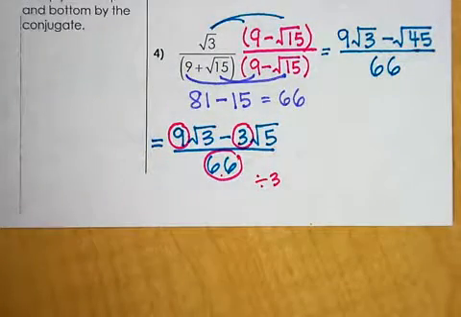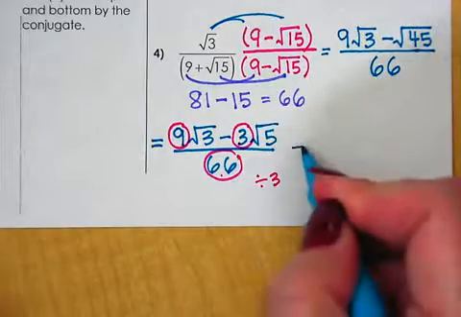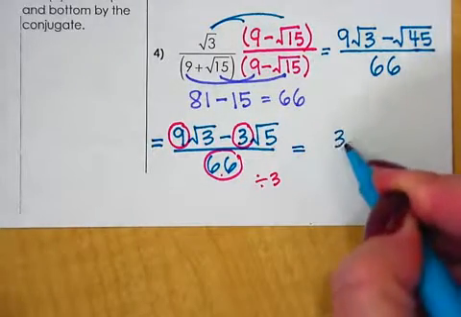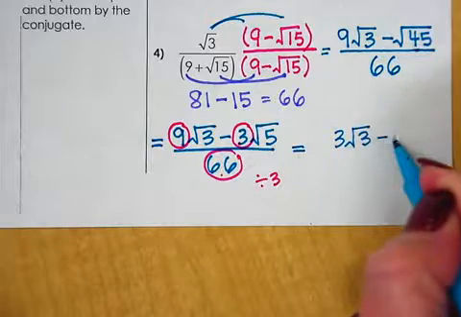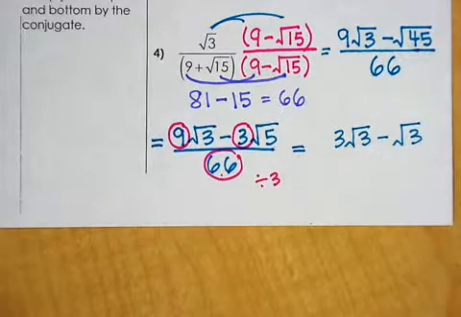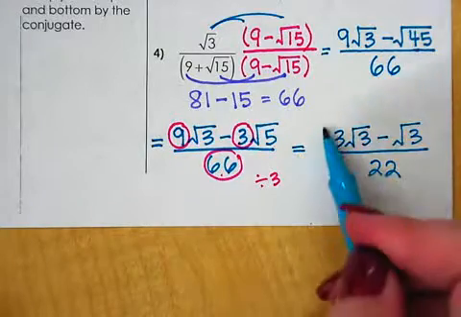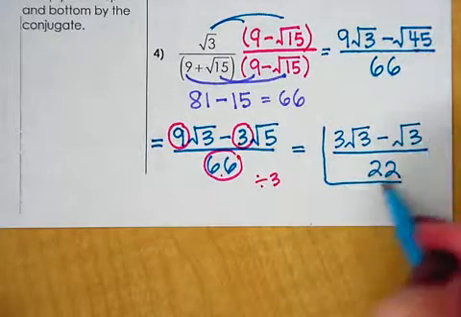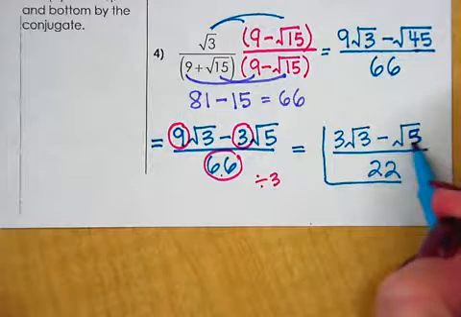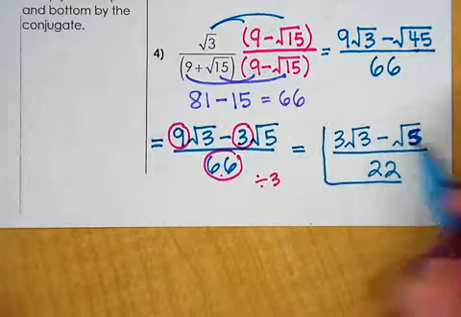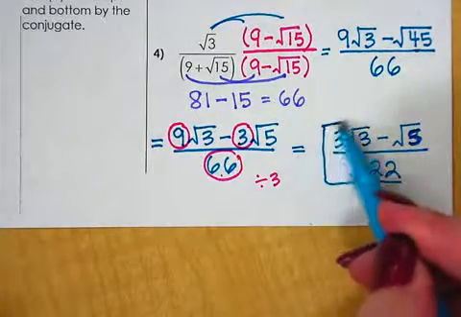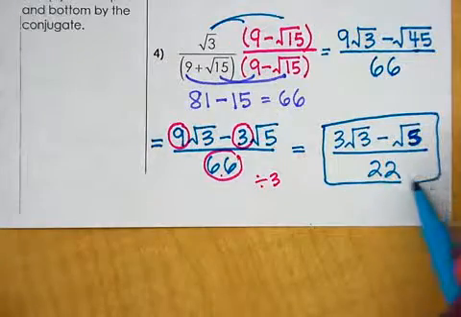So when we cancel that out, we now have 3 radical 3 minus radical 3 all over 22. And that's the best answer. Oh, I'm sorry. That's supposed to be a 5 there. Radical 5. And that's the best answer for this problem.